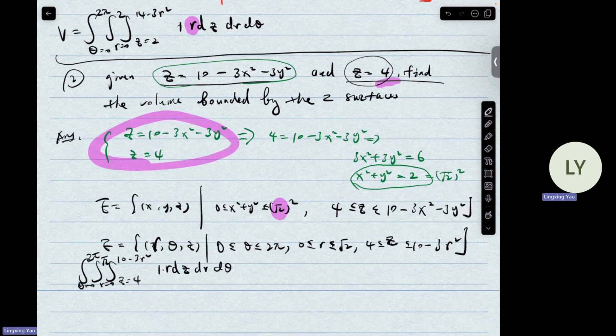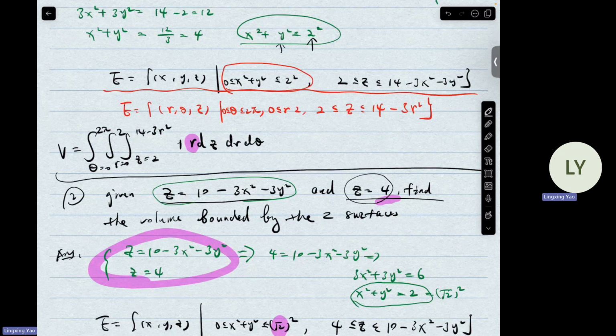So those are the typical problems you would run into, and the key again, as we said, in identifying the domain of the integration of the solid or volume is to find the intersection and project it onto some plane. And typically it is the xy plane because we try to make things easier.